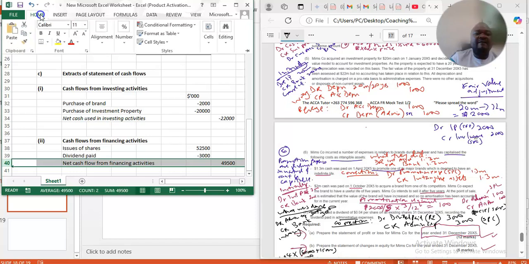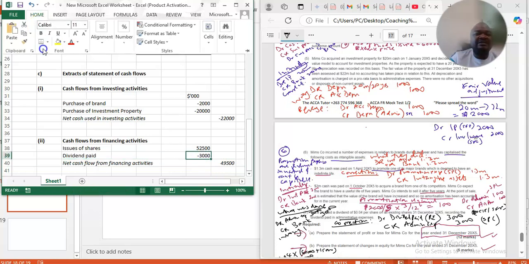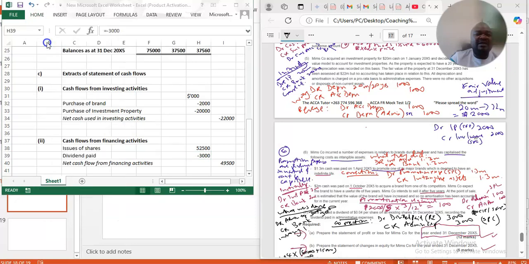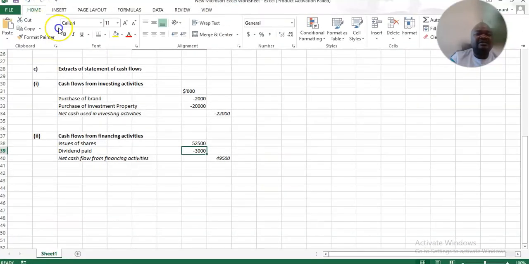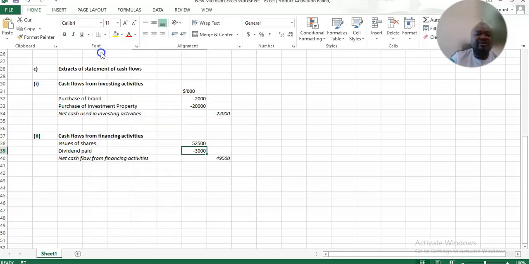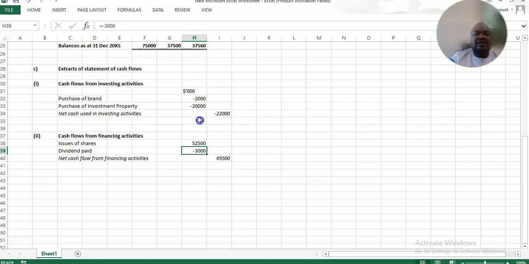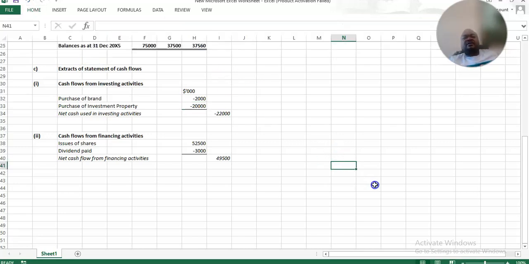Okay, and to get that, you can as well do some formatting where you underline. All right, so I've got an old computer, ladies and gentlemen, so please bear with me.